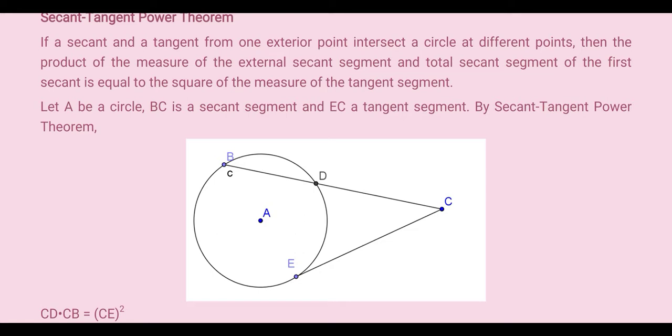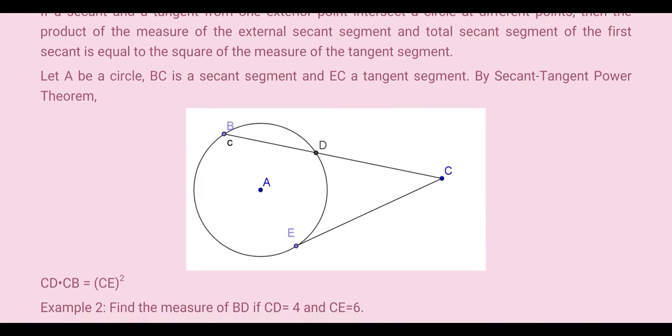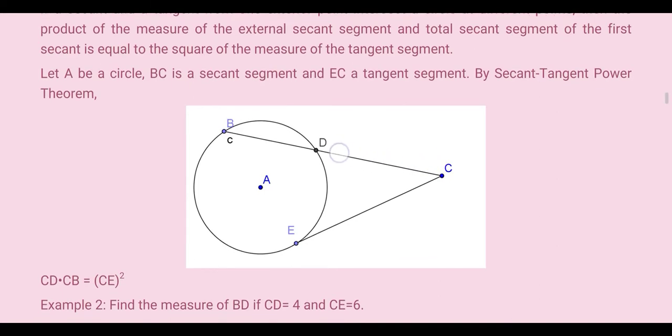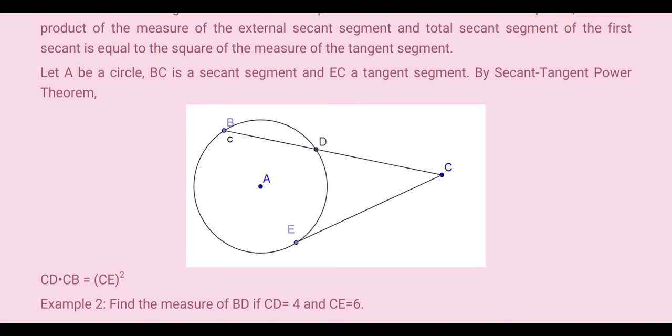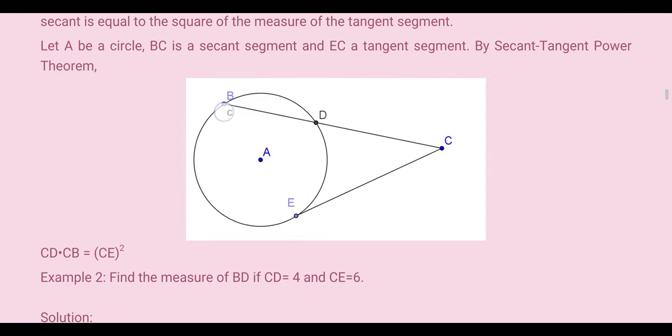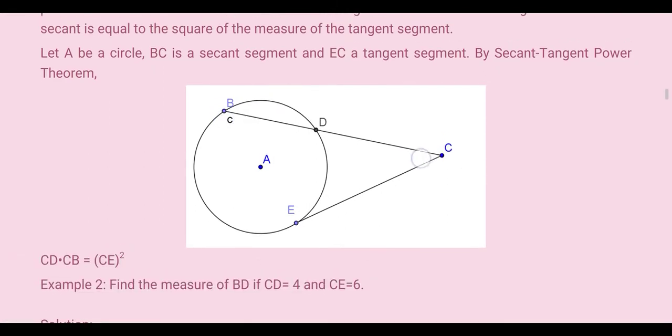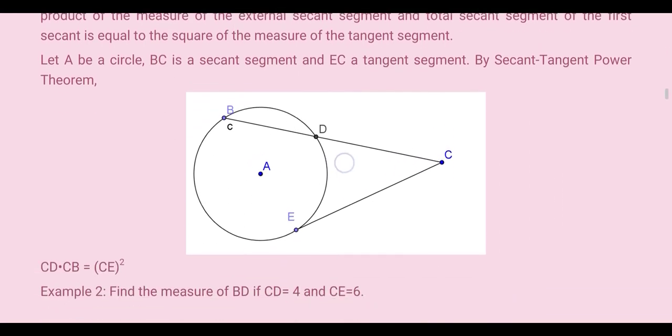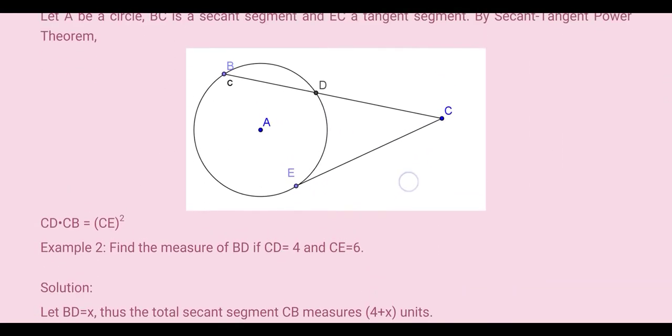By the secant-tangent power theorem, we will have this equation: CD times CB is equal to the square of CE. Take note that CD is the external secant segment and CB is the total secant segment. CE is the tangent segment.